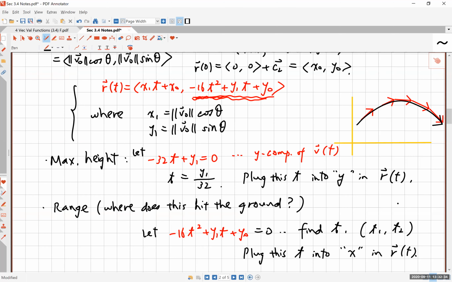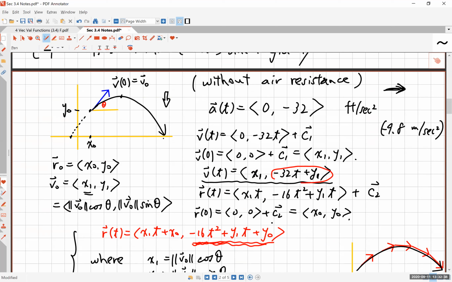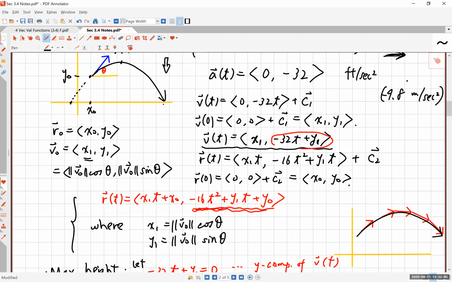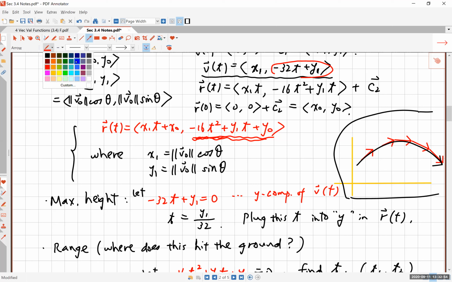Okay. So if a projectile is flying up in the air without air resistance, so maybe it's flying in a vacuum, this is what it looks like, right? The picture of a projectile. Now the red arrows actually represent the velocity at each point. I want you to remember this, because we'll be talking about this later with a worksheet.